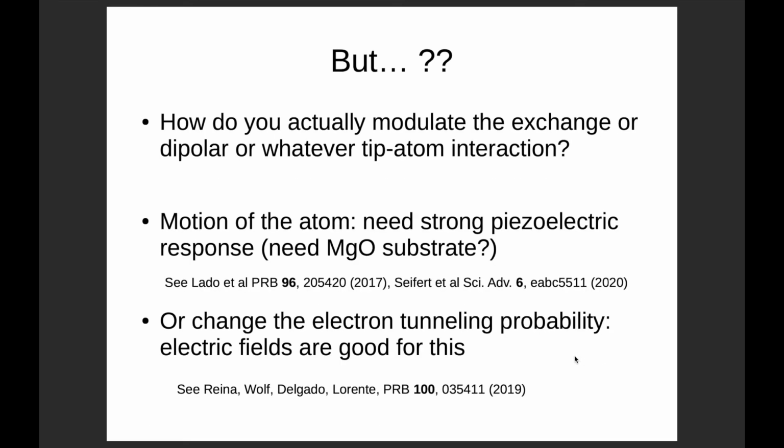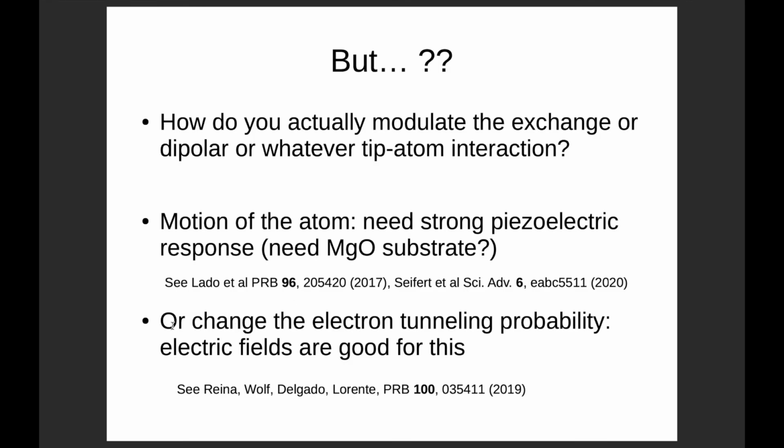But still, we have not solved the problem of how this magnetic field is changing with time when we apply an AC bias. For that, most of the workers in this field agree that there must be the motion of the atom. We need a strong piezoelectric response if we want the atom to move in the applied electric field.